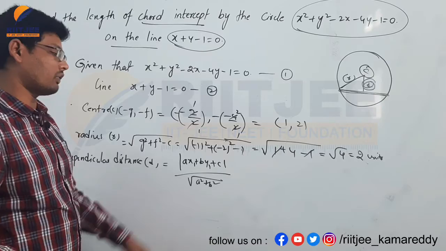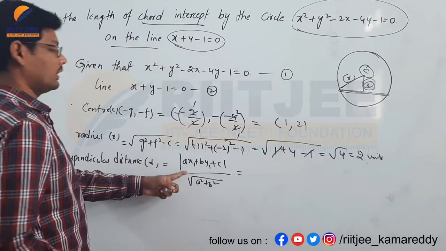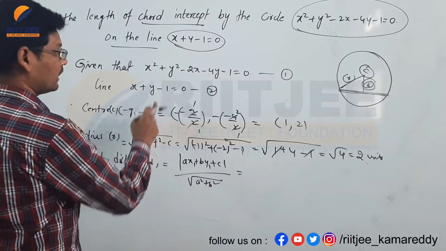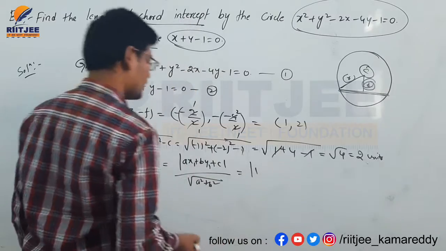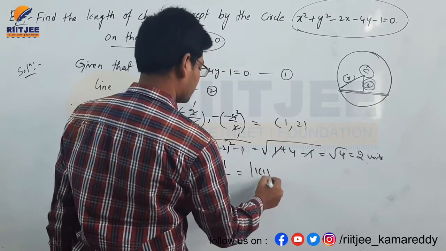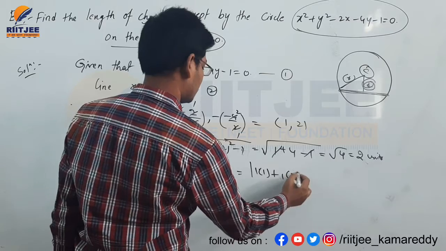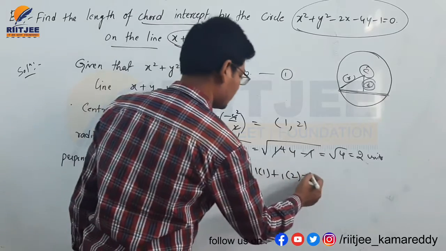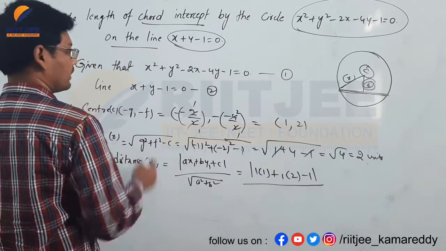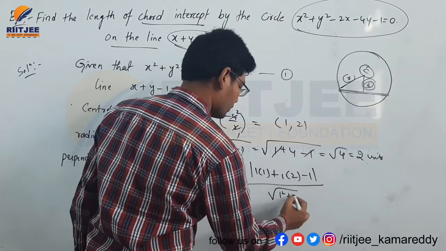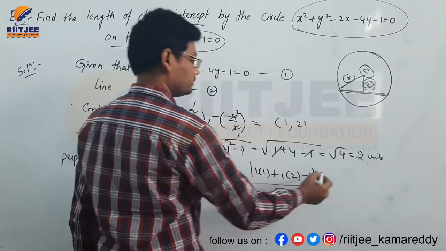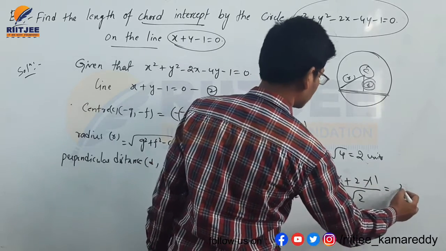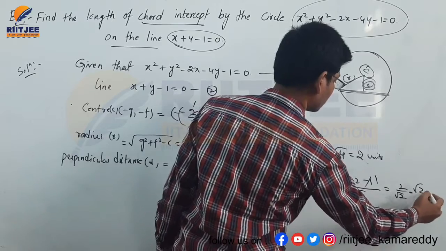Here a is 1, x1 is 1, b is 1, y1 is 2, and c is minus 1, divided by square root of 1 square plus 1 square. That is 1 plus 2 minus 1 by root 2, 2 by root 2, that is equal to root 2 units.